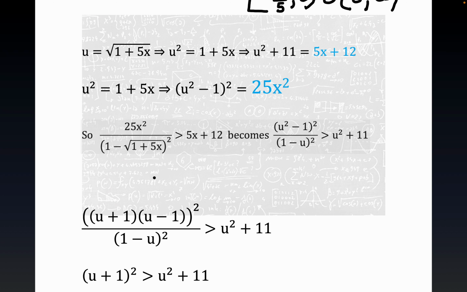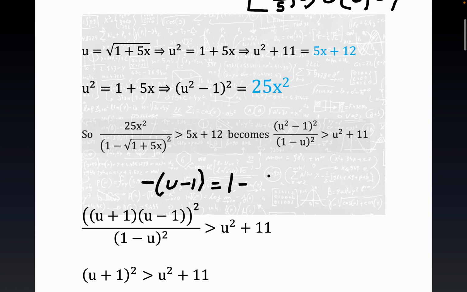Notice that minus the quantity U minus 1 equals 1 minus U. You can put the minus sign on either side; it all works out the same. Apologies if you're going, duh, that's obvious, but it wasn't to me.